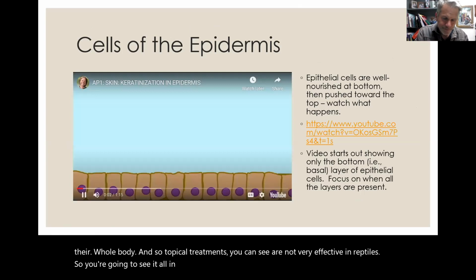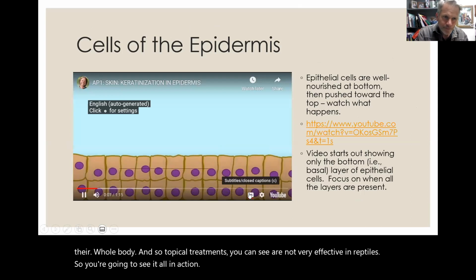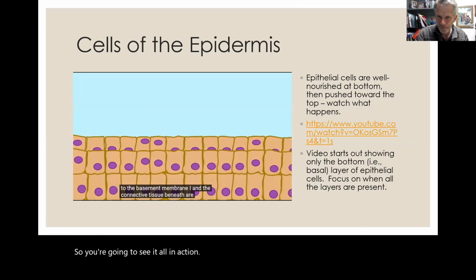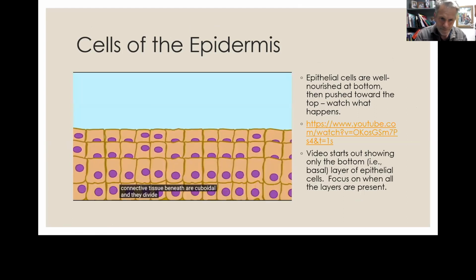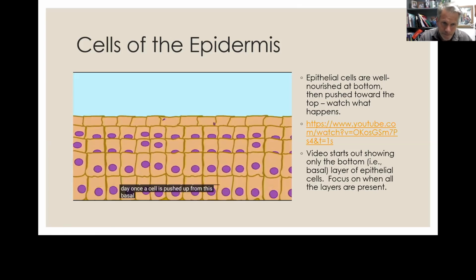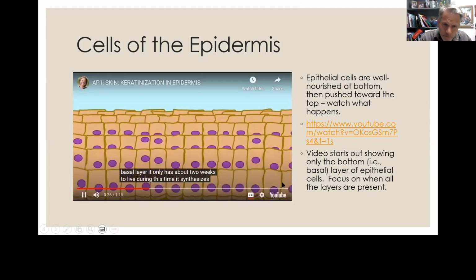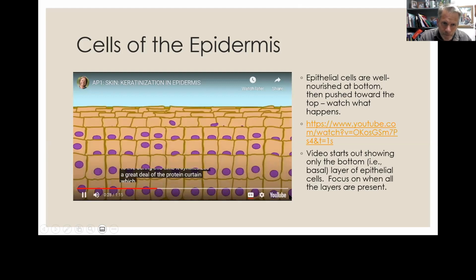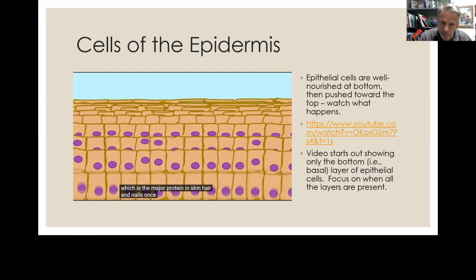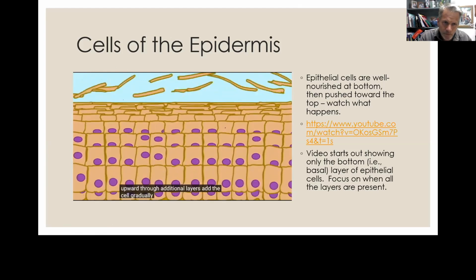The epithelial cells of the epidermis undergo keratinization. The cells at the basal layer, the layer which is attached to the basement membrane and the connective tissue beneath, are cuboidal, and they divide frequently, maybe once a day. Once a cell is pushed up from this basal layer, it only has about 2 weeks to live. During this time, it synthesizes a great deal of the protein keratin, which is the major protein in skin, hair, and nails. Once the cell begins to push upward through additional layers, the cell gradually dies.